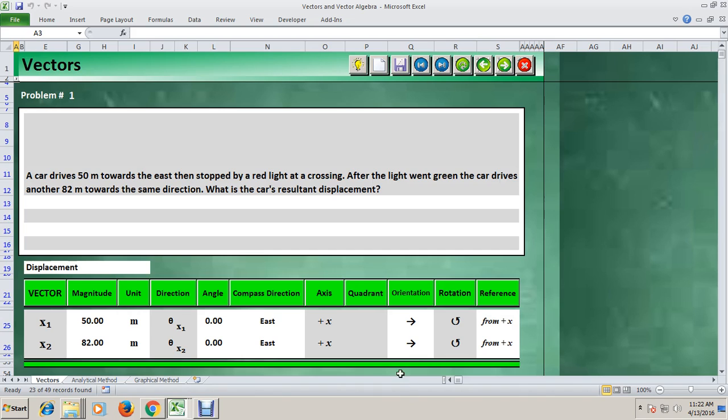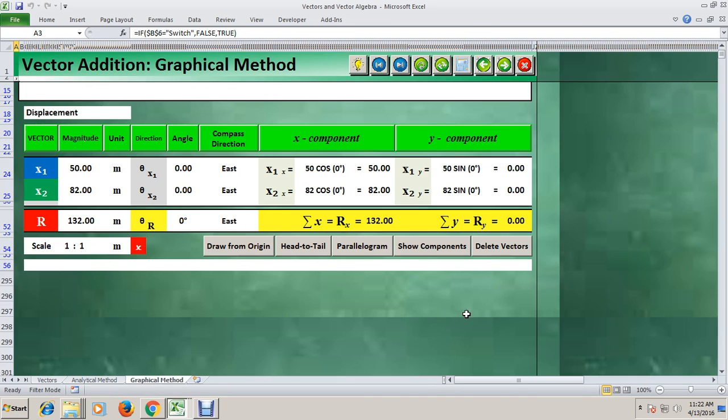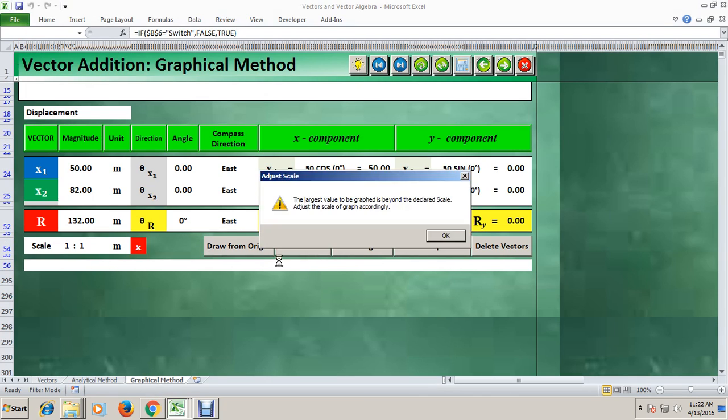So therefore, when you do the computation of the components, let's draw first this.